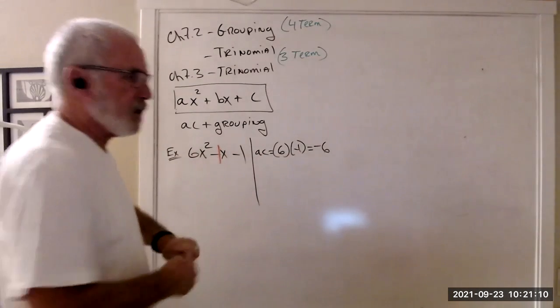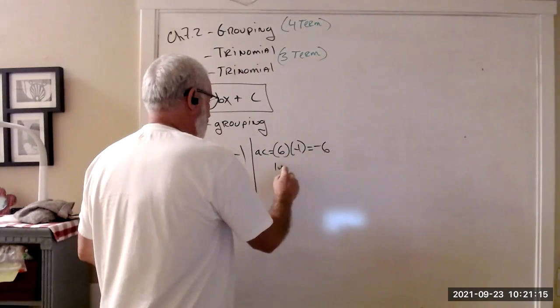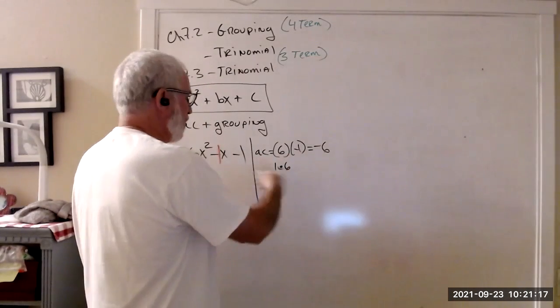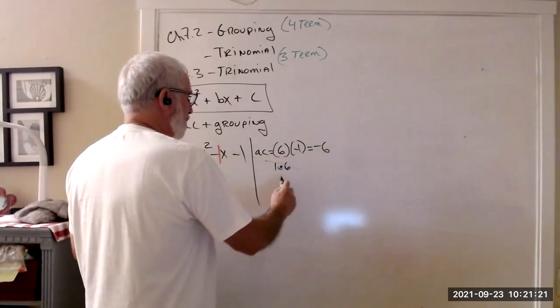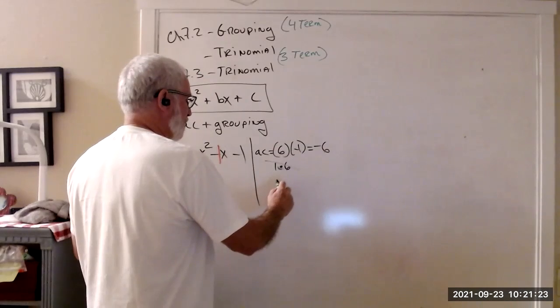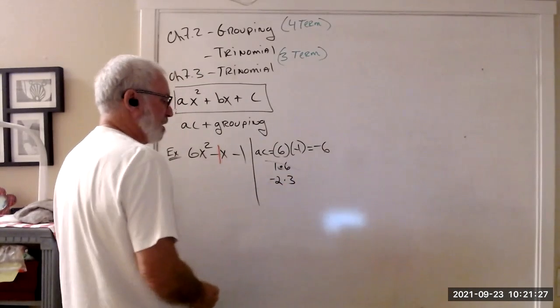And so you quickly go through your times table as you say 1 times 6 is 6, but 1 minus 6 is 5, so forget that. What about 2 times 3? What about negative 2 times 3?